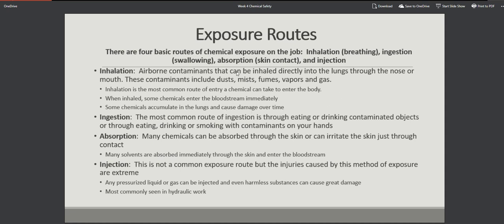So one of the things to think about, I'm going to use carbon monoxide right here real quick just for an example. It's a gas, right? And so we inhale it. And one of the reasons that carbon monoxide is so poisonous, number one, it's a bad gas, but it's also attracted to the blood cells, four times more than oxygen is. So basically it creates a tighter and a better bond.